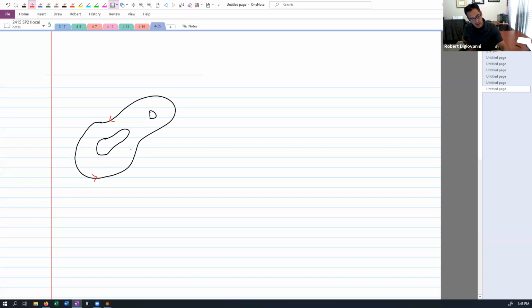One path that goes along the outside of D in positive orientation, and I'm going to call that path C1. And then I'm going to draw another path on here that goes in this orientation, like that. And that goes around the smaller one. I'm going to call that C2.